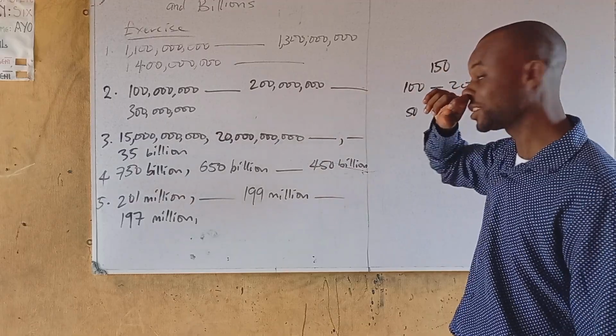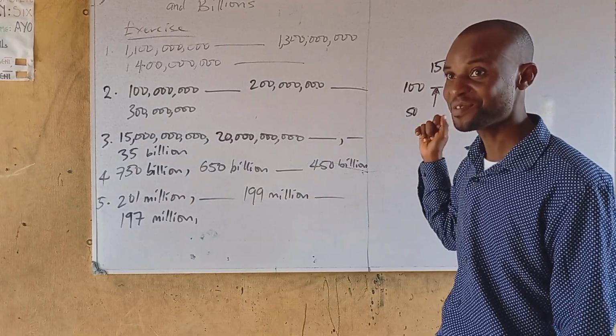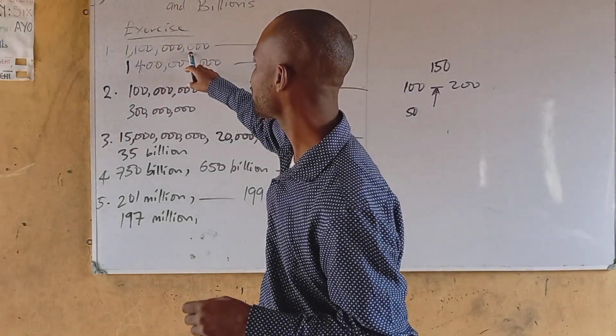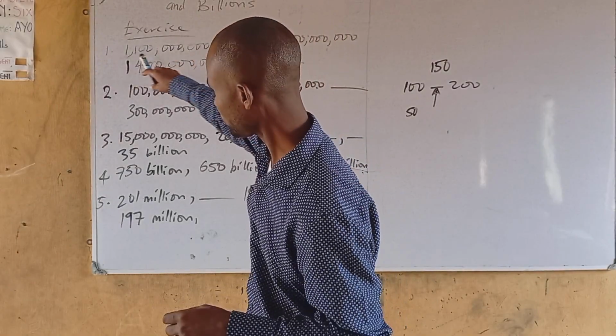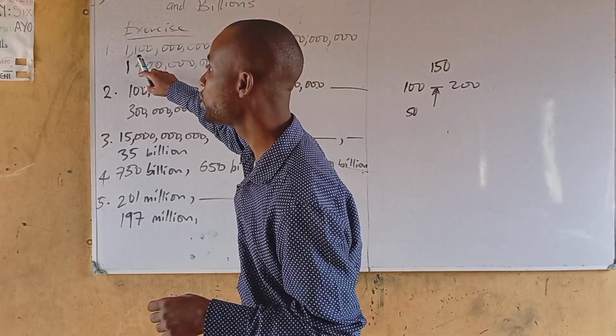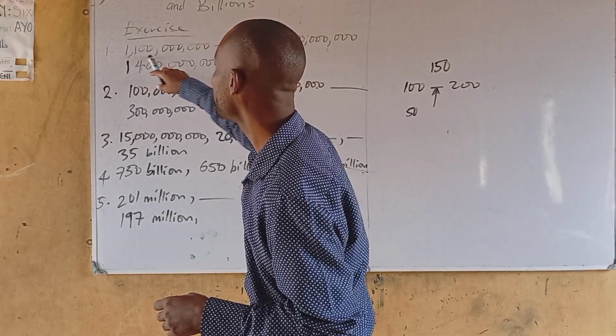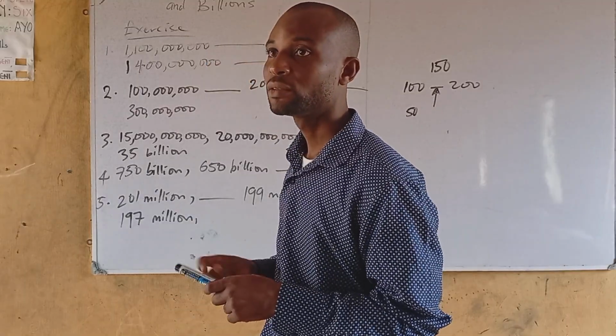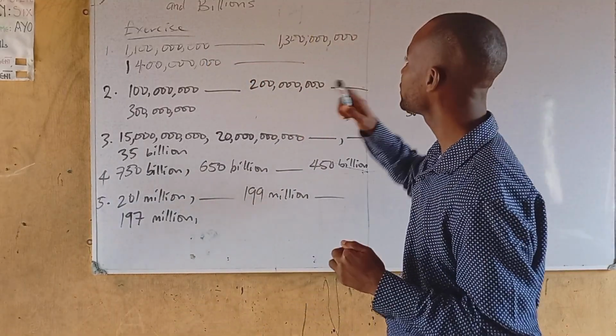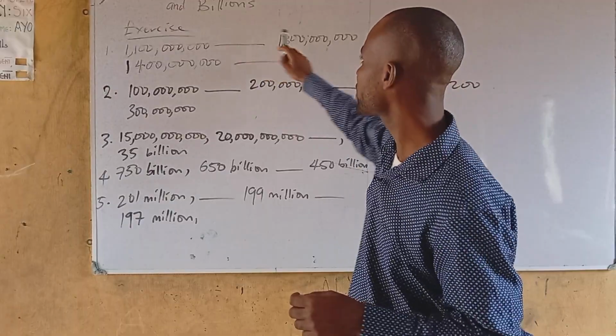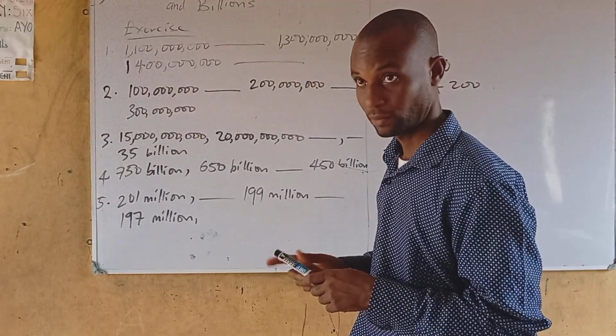Okay, so you get it now. Do we need more explanation again? This is billion, is it not? 1 million, 1 billion, 100 million, that's that. 1 billion 200, 1 billion 300, like that.